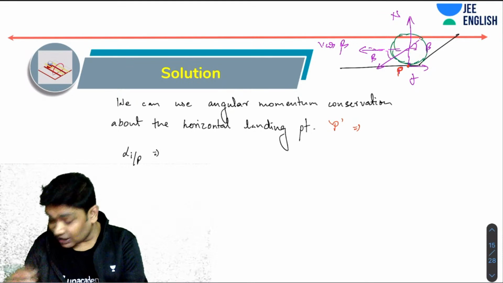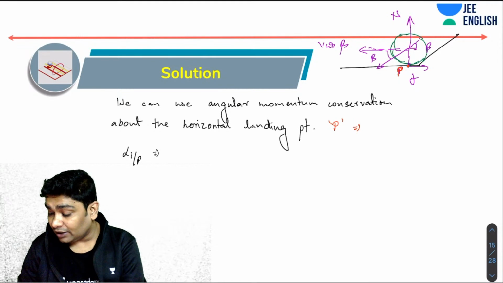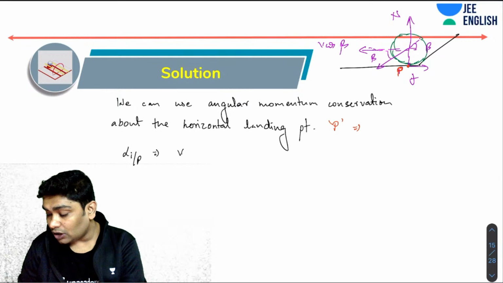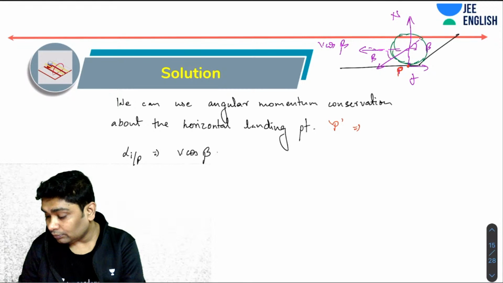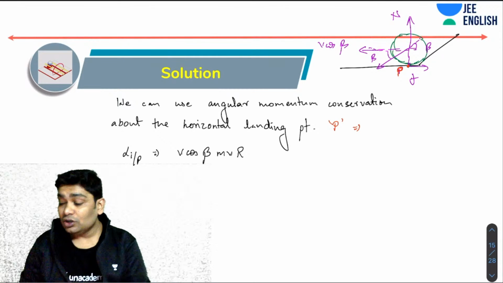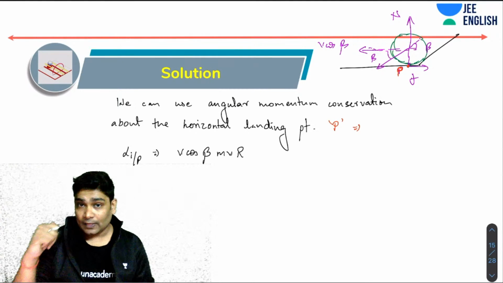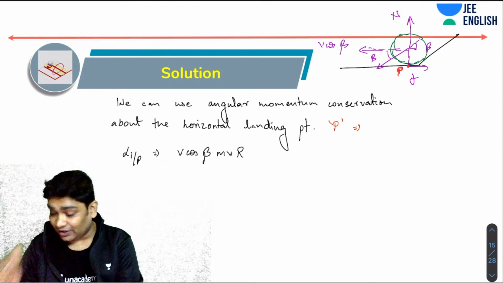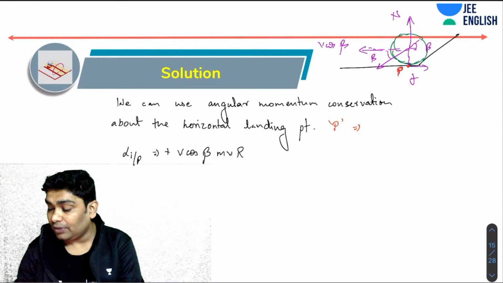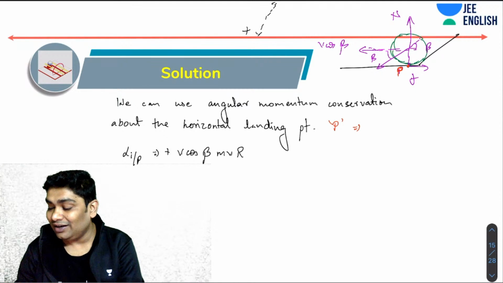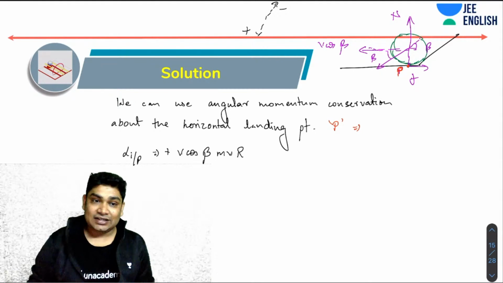Just before the collision, it would have been v cos beta into mvr. This is in the positive k direction, so I'm writing a plus for this. I'm taking plus k as positive and negative k axis as negative.